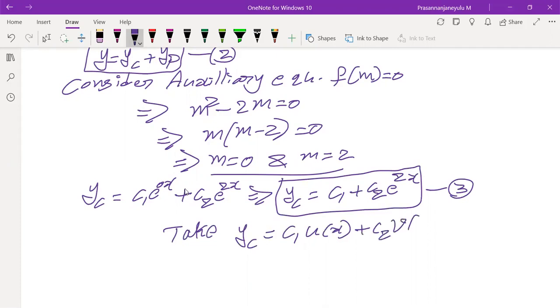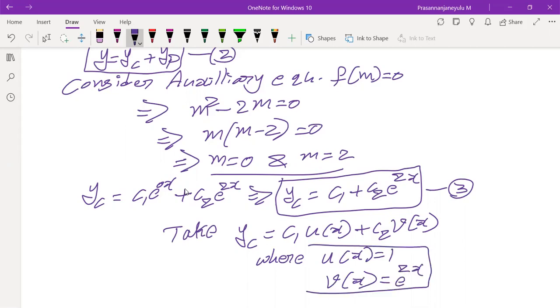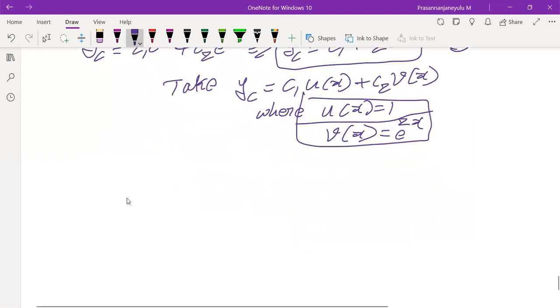What is u of x here? u of x equals 1, and v of x equals e power 2x. Putting these two things in a box because we require them even in future steps. Now immediately find out the Wronskian.